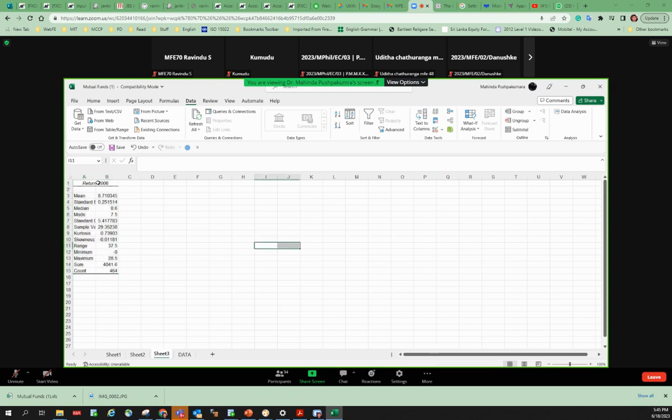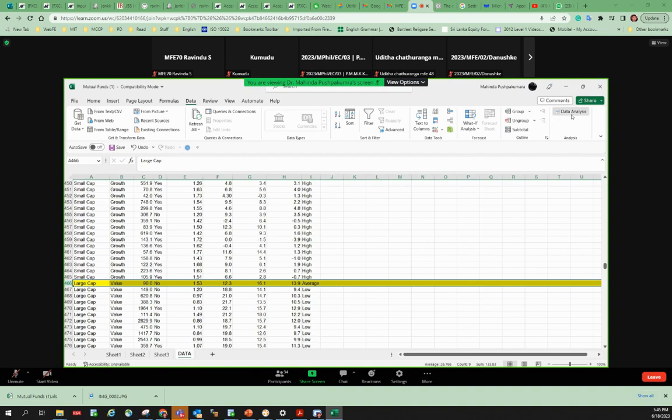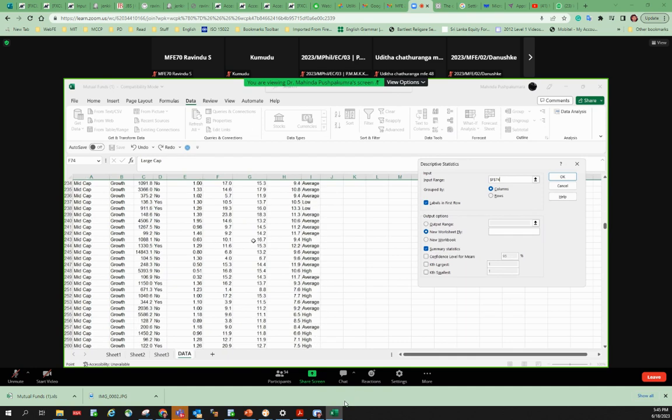Then this is for growth. Then again go to Data Analysis, Descriptive. Now we select the return related to value funds.